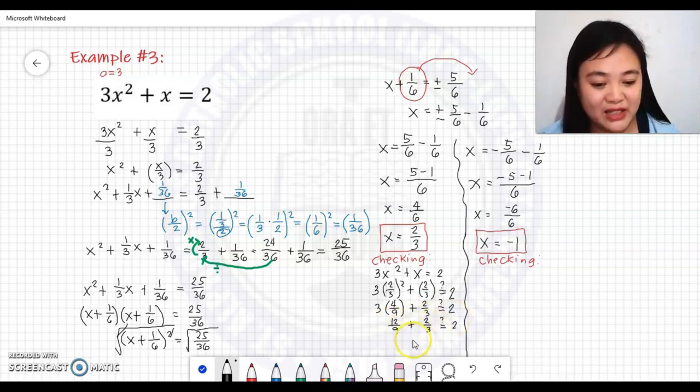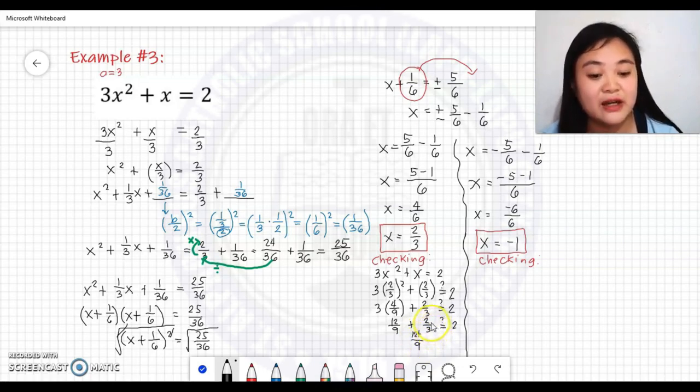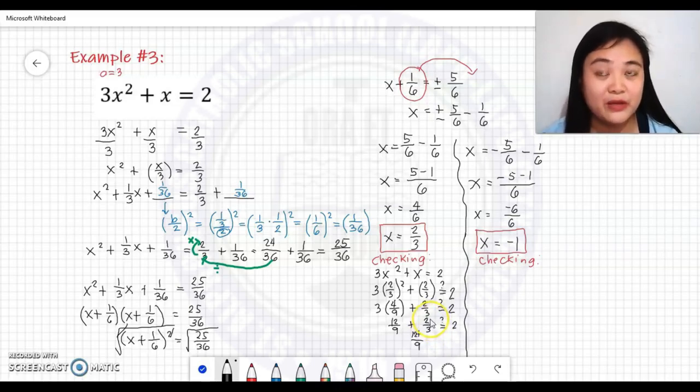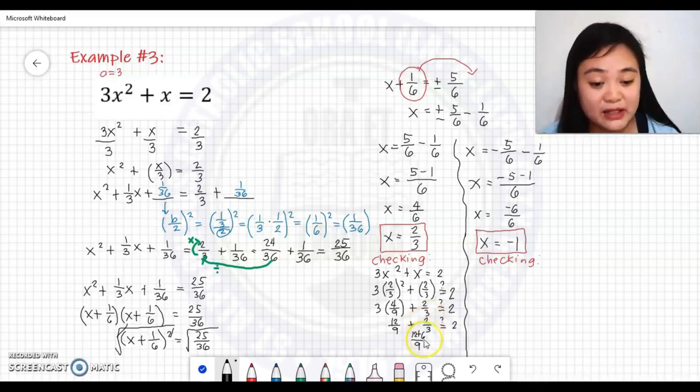Their LCD is 9. 9 divided by 9 is 1 times 12 is 12, plus 9 divided by 3, that's 3, times 2, it's 6.